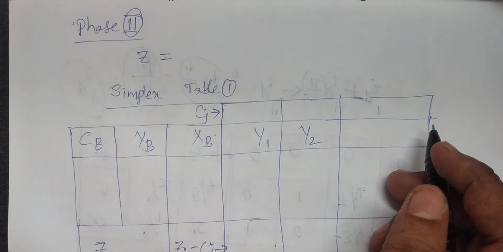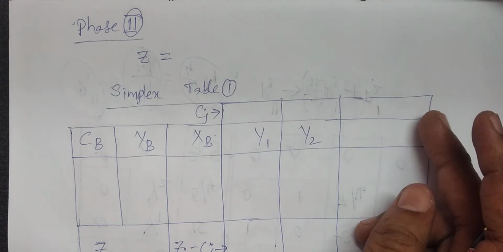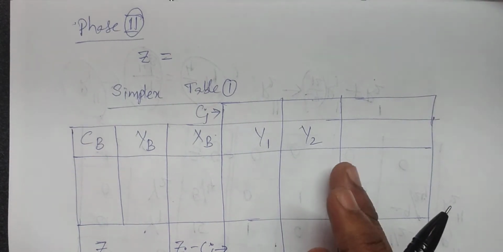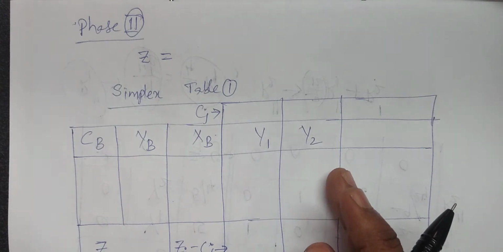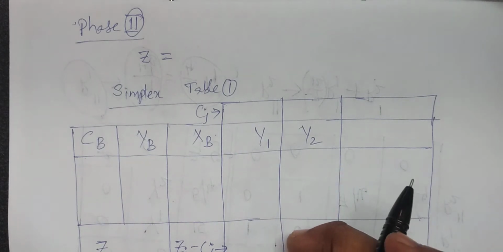So here no artificial variables, 2 original variables and 2 surplus variables. So for original variables you have to put the original cost.